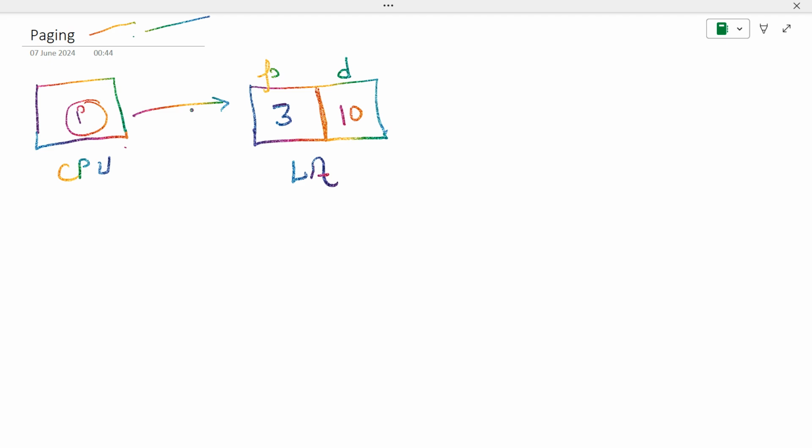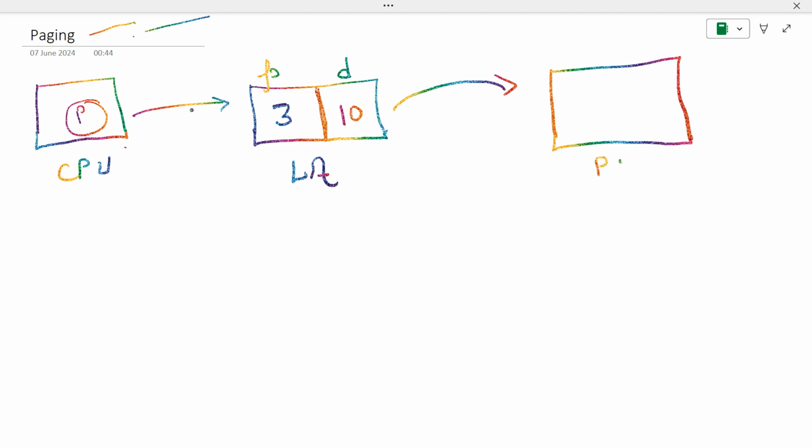Now this logical address that the CPU generates needs to get converted into a physical address. Why? Because all our instructions and data are stored in the main memory, so we are fetching our data and instructions from the main memory, not from the virtual memory or the logical address space.